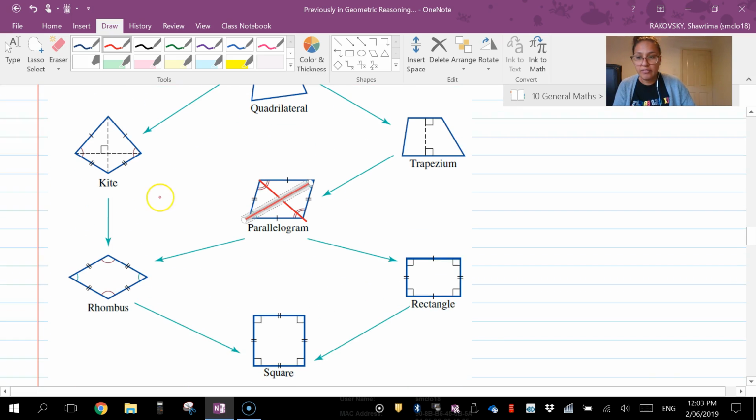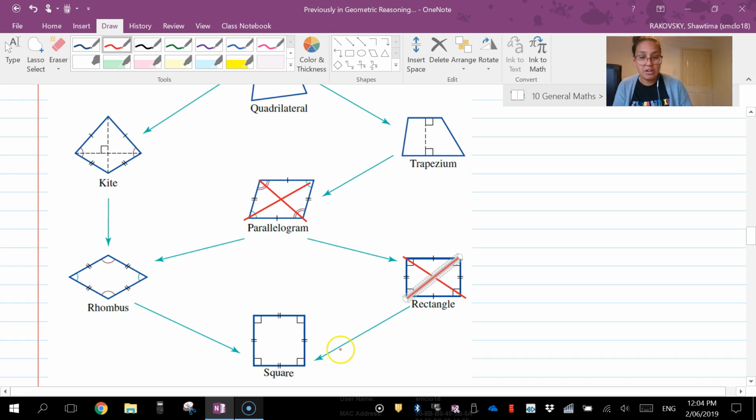More specifically for your rectangles, your diagonals are equal. So if I was to draw a line here, from corner to corner perfectly, I know I'm not doing a great job of it, these diagonals are equal. You do the same thing to a square, they're going to be equal.